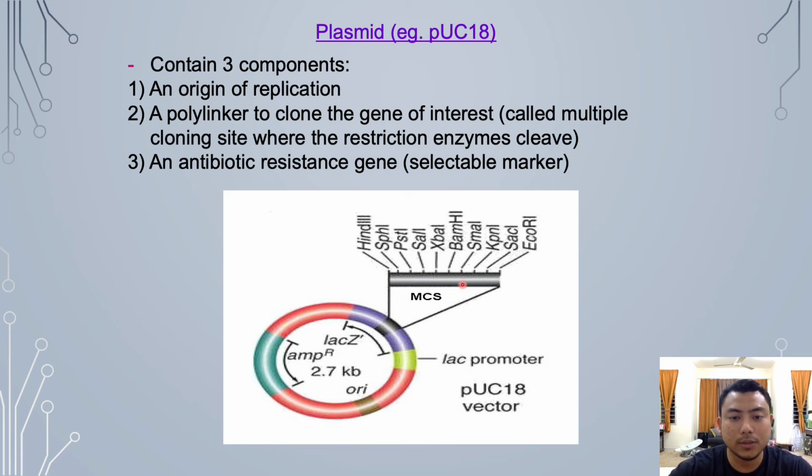So that's why it is called MCS, multiple cloning site, because this site has multiple sites for cleaving, for it to be cut. And the third one is the antibiotic resistance gene. Okay, for antibiotic resistance genes, we're going to learn towards the end of the video.